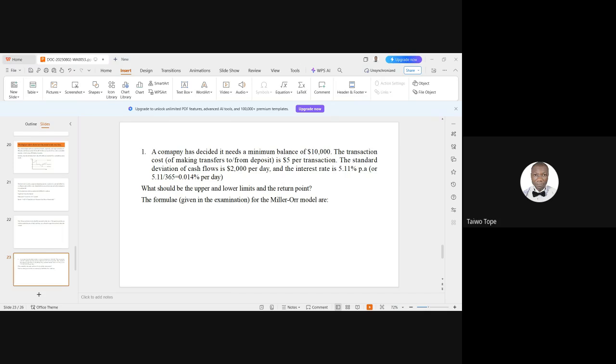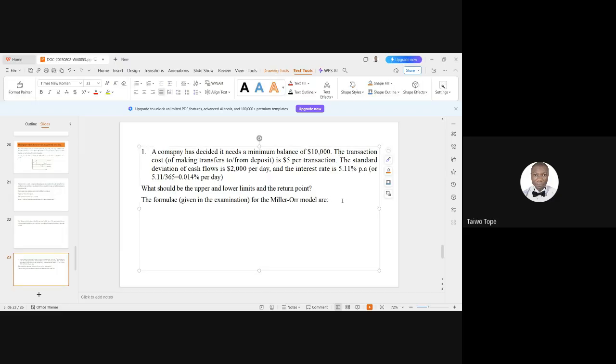The formulas given in the examination for the Miller-Orr model, we have the formulas already. So to get the upper limit, in this question, do you have the lower limit?